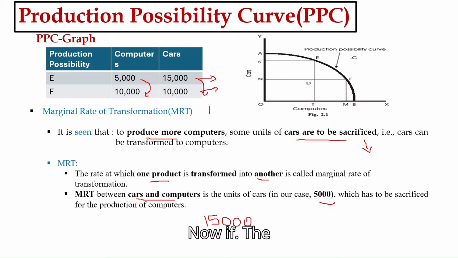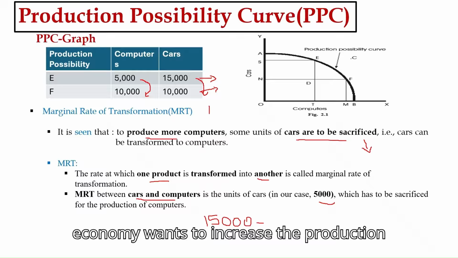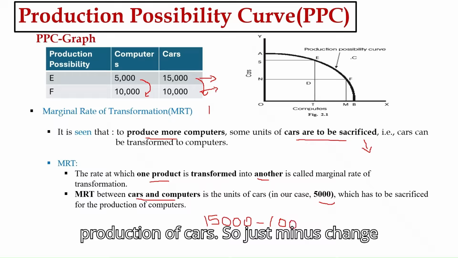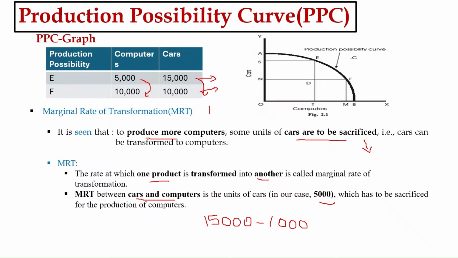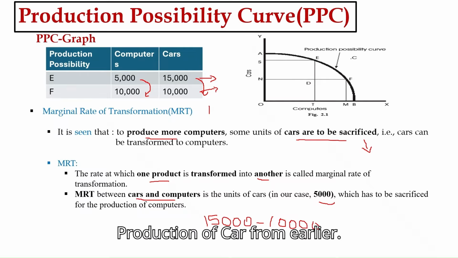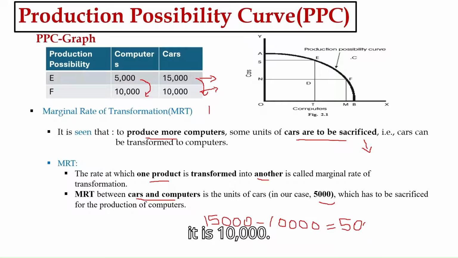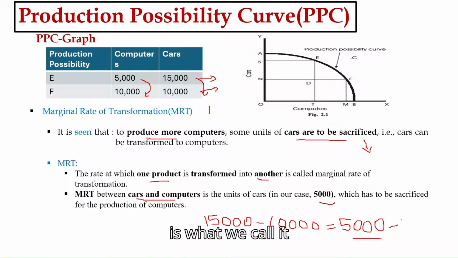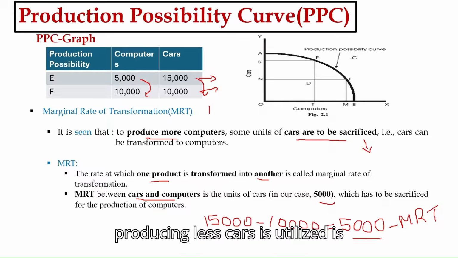Now if the economy wants to increase the production of computers, they have to reduce the production of cars. So we subtract the change in production of cars from the earlier to the present condition. So it is 10,000. 15,000 minus 10,000, this 5,000 is what we call the MRT, marginal rate of transformation. The resources saved by producing fewer cars are transformed for producing more computers.